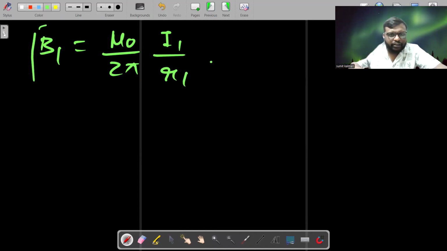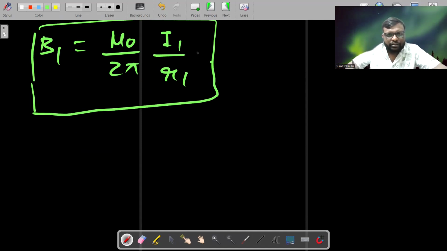This is the derivation by which we derive the magnetic field at a distance R from a wire, and this is a very simple derivation, so I am just using it.